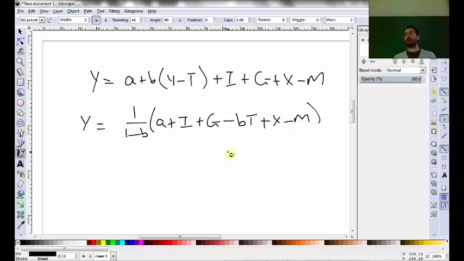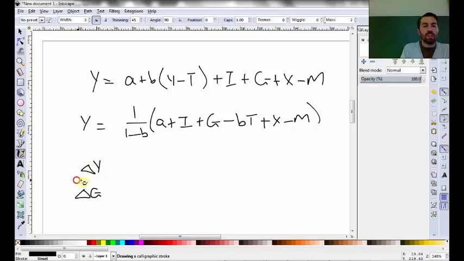Everyone comfortable with that? Old hat stuff, whatever, Nick. Yeah? Okay, cool. What is the spending multiplier for government spending? In other words, if we change government spending by some amount, we're going to change output by some amount.